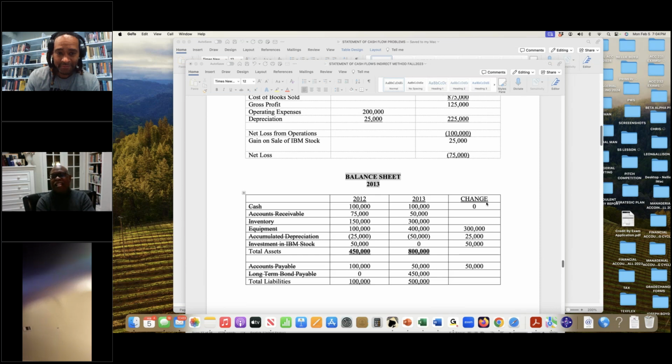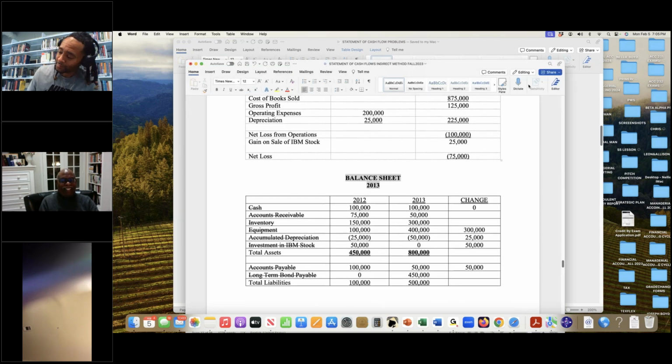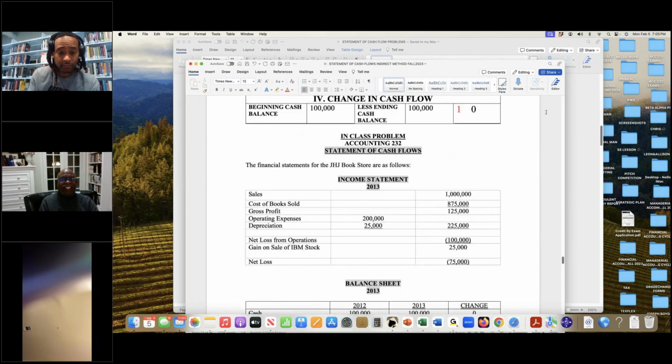So does everybody have the first four things done? Yes, but whenever I total out my stockholders' equity, it doesn't match. I don't know if I did something wrong. What do you mean? For number five, I think the common stock.